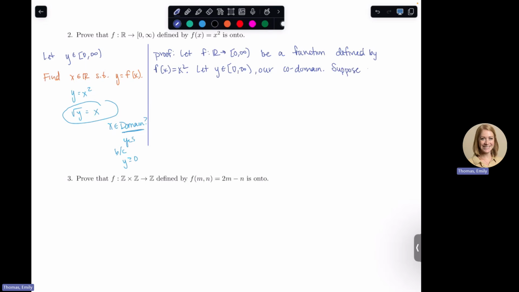Suppose x equals the square root of y, which means x is in R, our domain, because y is greater than or equal to 0.